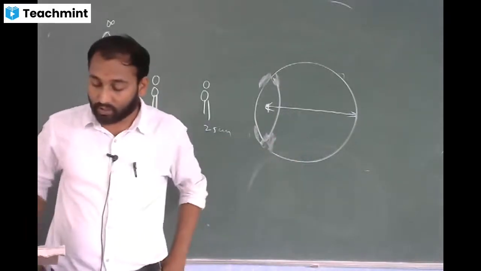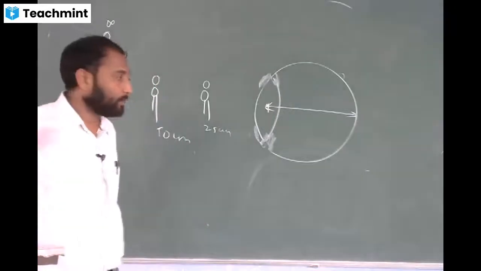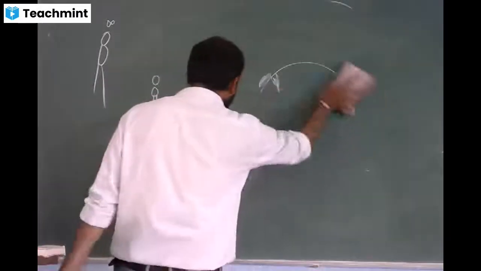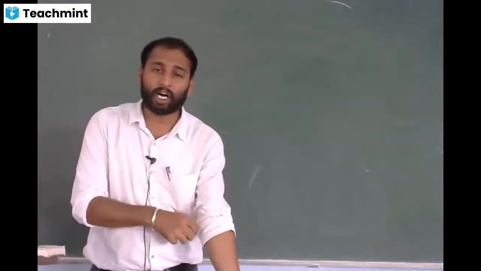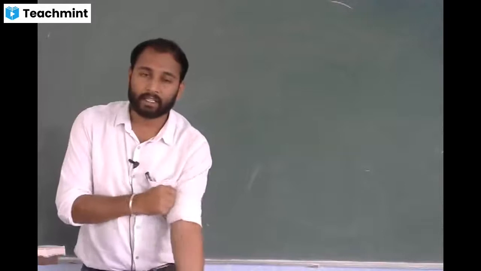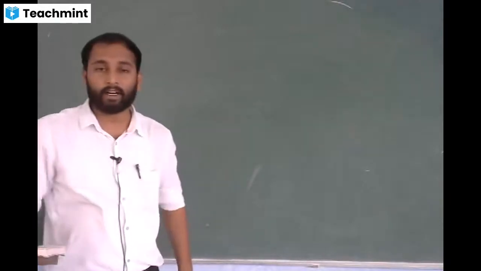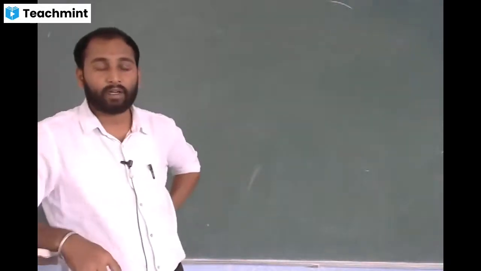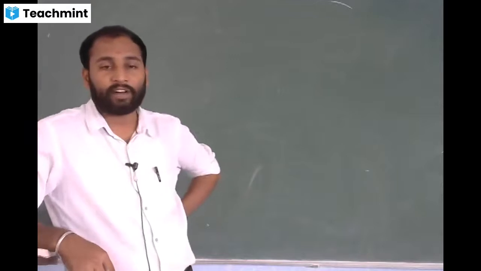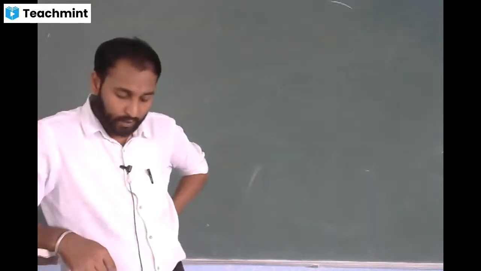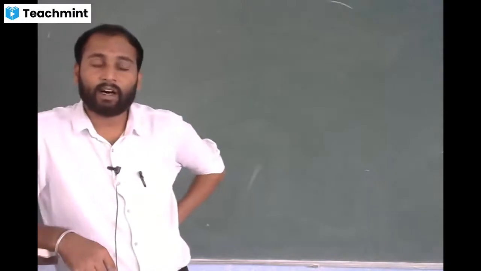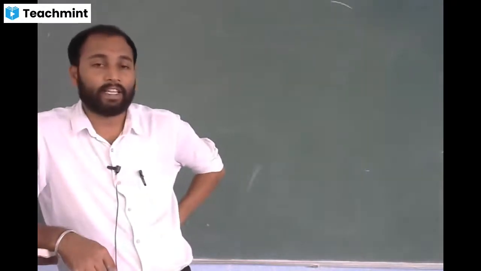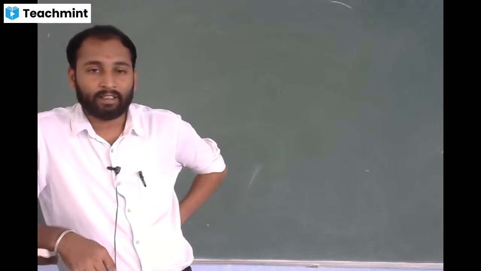Next question, why do stars twinkle? I have already explained it in yesterday's class. Atmospheric refraction. The twinkling of stars is due to the atmospheric refraction of starlight. The starlight on entering the Earth's atmosphere undergoes refraction continuously. Due to the gradually changing refractive index, the starlight bends its ray towards the normal.